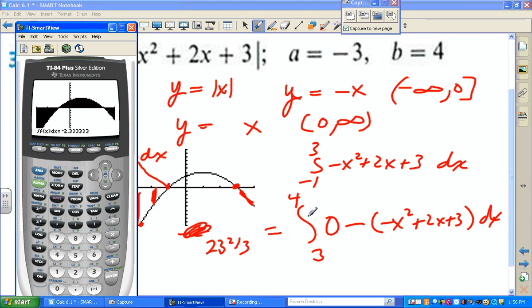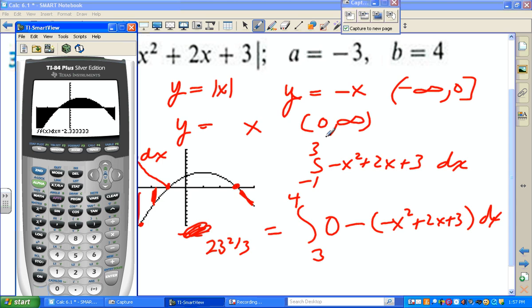Yet negative 2 1/3. Why? If you don't know the answer to that question, you need to think about it for a minute, because that's kind of a big deal before we go into next week. Why isn't that the same area? Why doesn't the same area equal 23 2/3? All I did is I took the absolute value out.